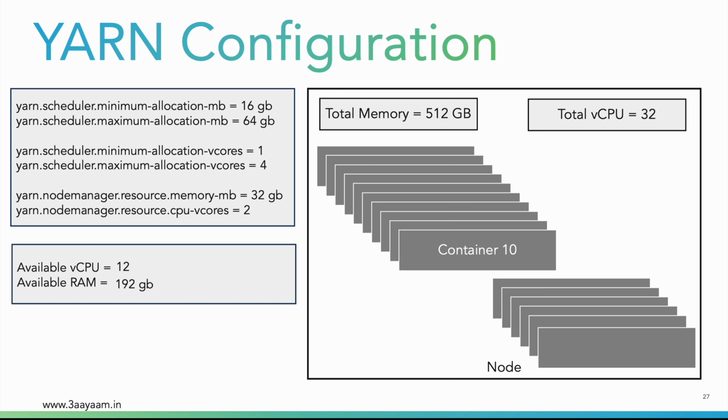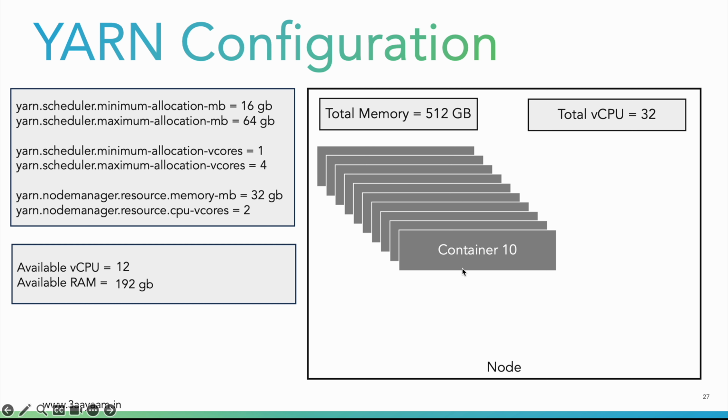If you use something called dynamic resource allocation, in that case, let's say if a few of the containers need more memory and more CPU, a single container cannot have more than 4 CPU and more than 64 GB of RAM, and only if the memory is available. So now let's say I have launched these 6 containers and container number 9 and 10 need more memory and more CPU.